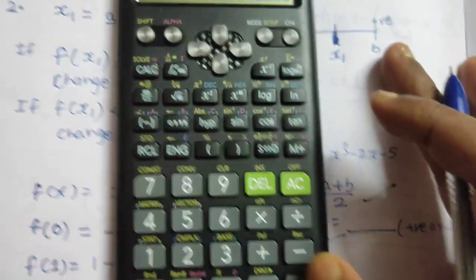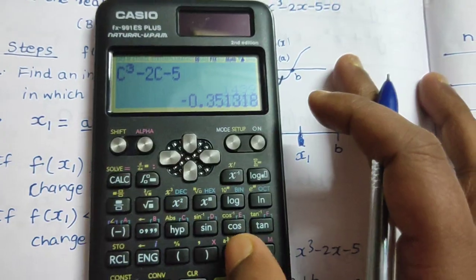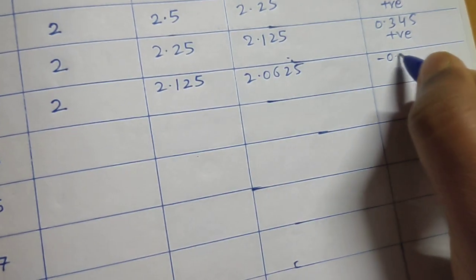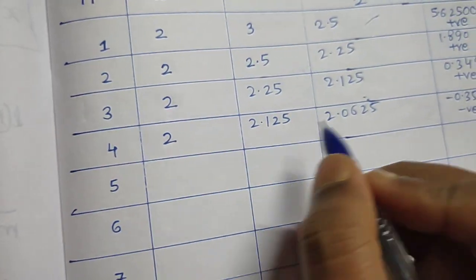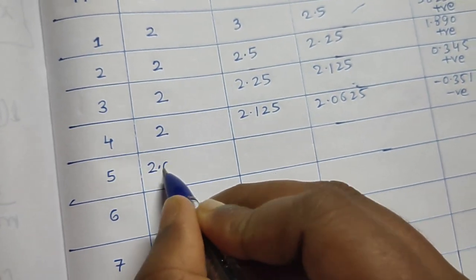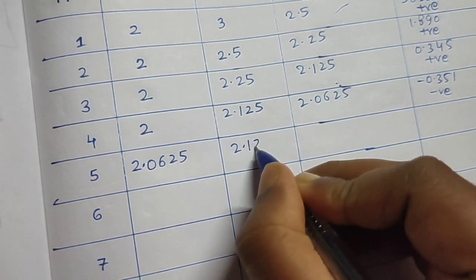And what about the value of function? It is positive or negative? It is negative this time, minus 0.351. Okay, so first time it came negative, so we will now change the negative one to 2.0625. This will remain as it is.